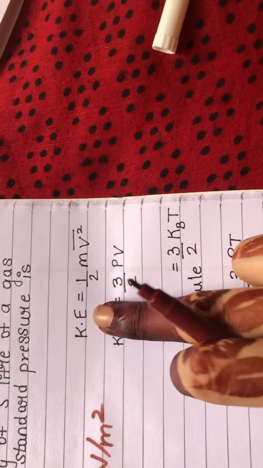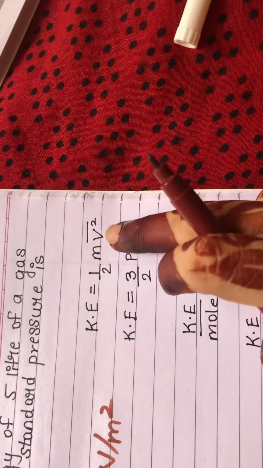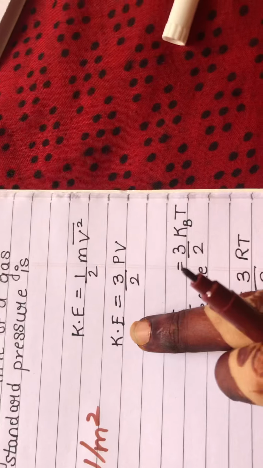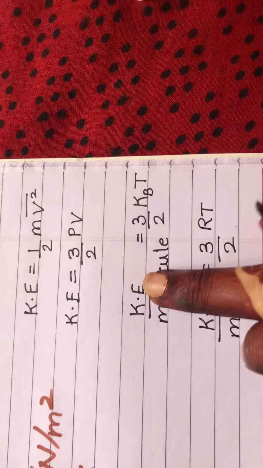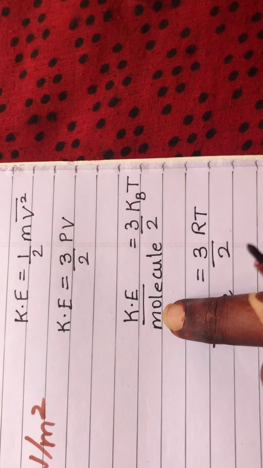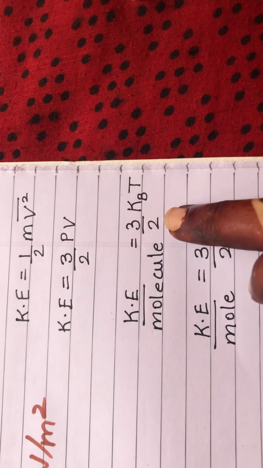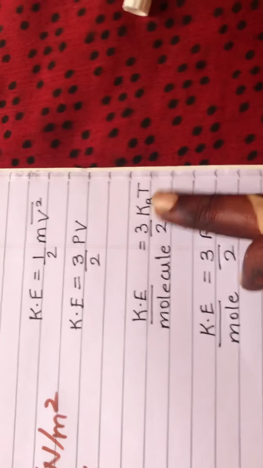Kinetic energy, if it is just kinetic energy and you have mass and mean square velocity, then this is the formula. Kinetic energy of a gas is 3 upon 2 pressure into volume. If it is kinetic energy per molecule, then the formula is 3 upon 2 kB, that is Boltzmann's constant, into temperature.